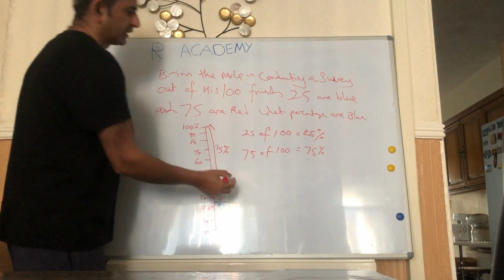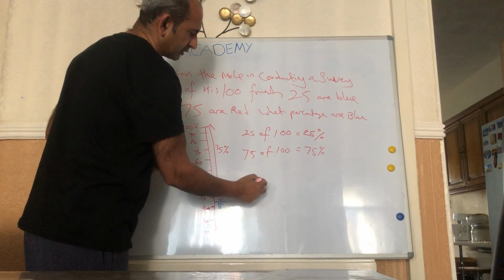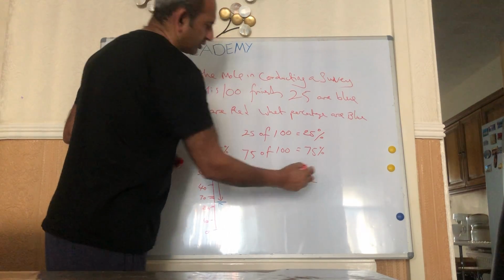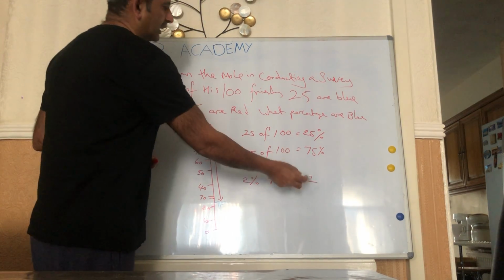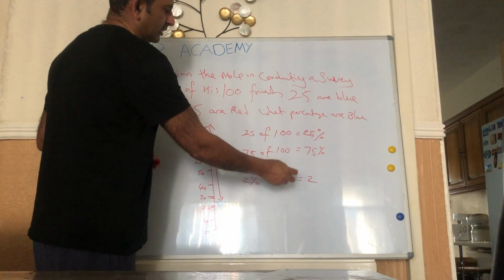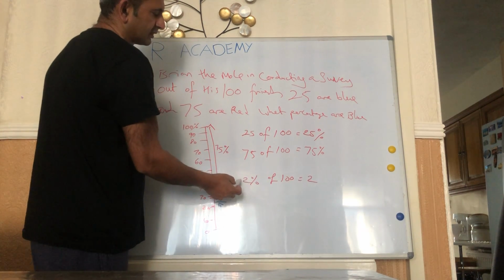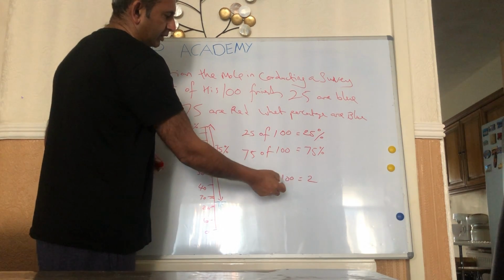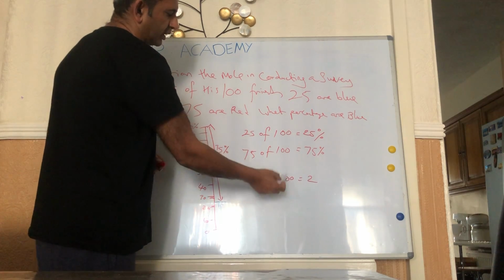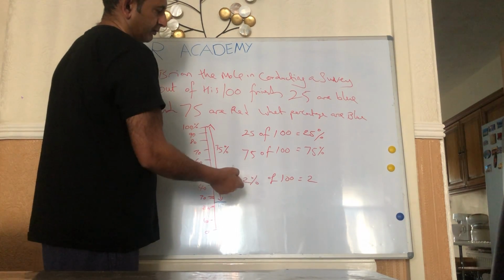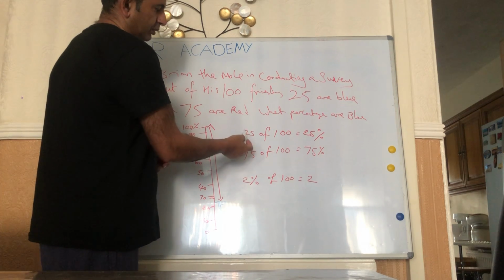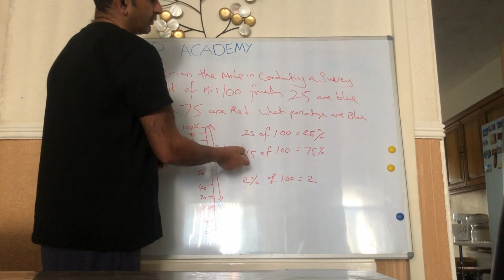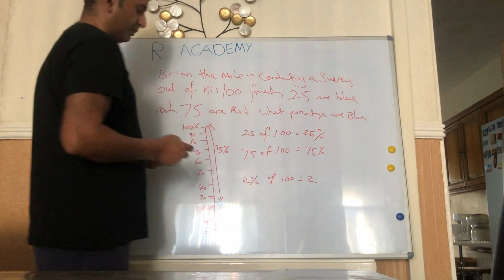Because coming back to what we said before, 2% of 100 is 2. So you can see the relationship between the percentage. As long as this is 100, the percentage will be exactly the same as the number. So 2% of 100 is 2, and 2 over 100 is 2%. Same. So therefore, 25 of 100 must be 25%, because this proves it, and 75 of 100 must be 75%.